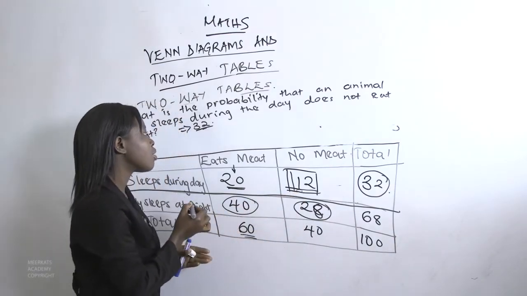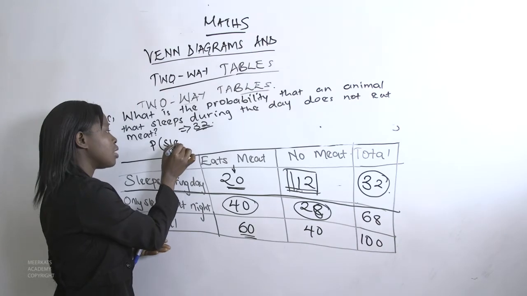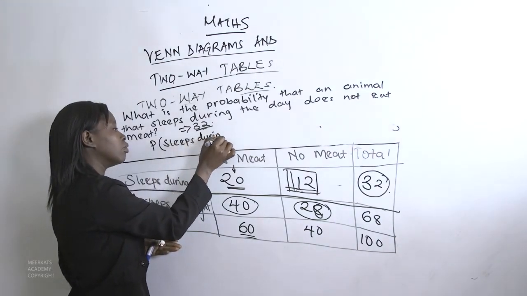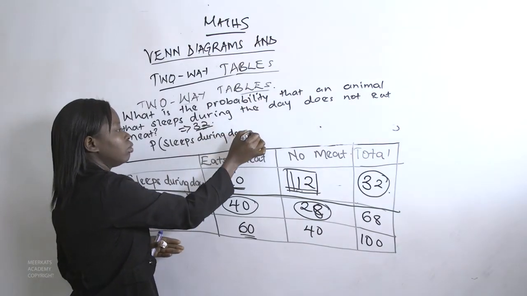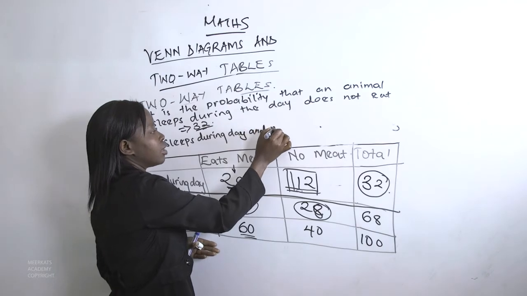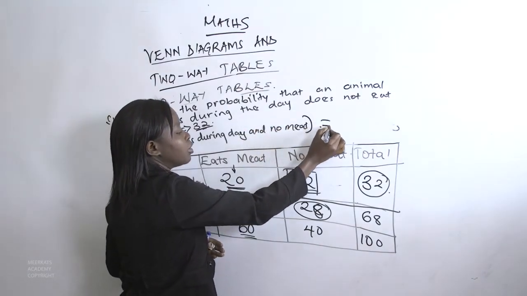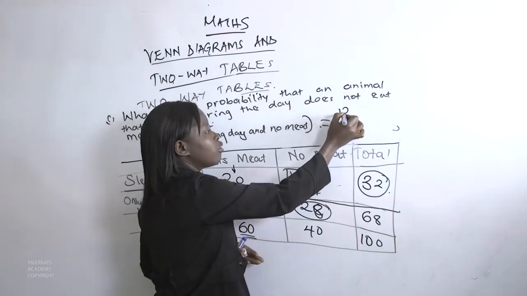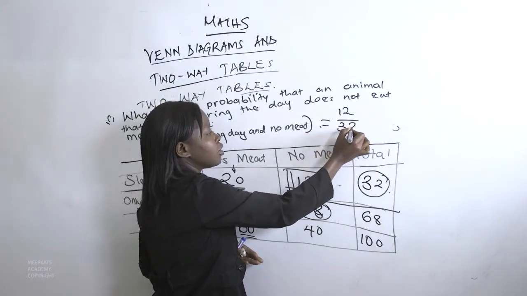So the probability that the animal selected sleeps during the day and does not eat meat will be obtained by the favorable outcomes, which is 12, divided by the total number of outcomes, that is 32.